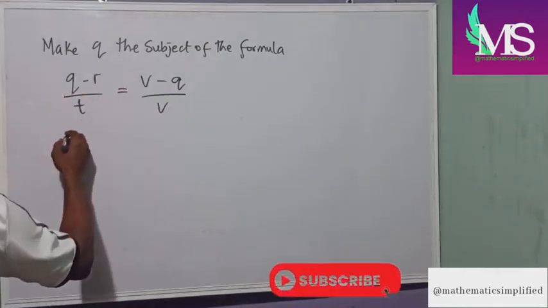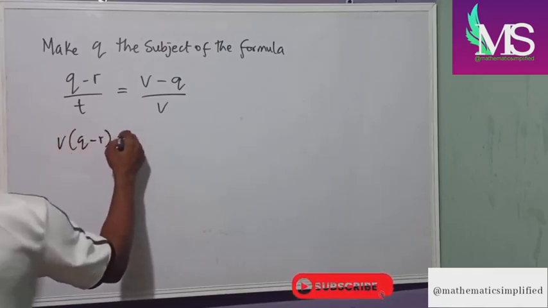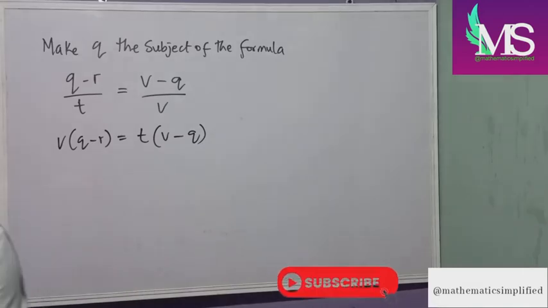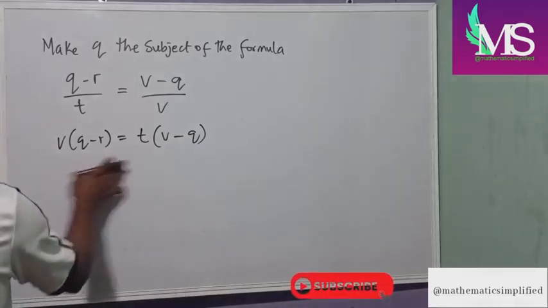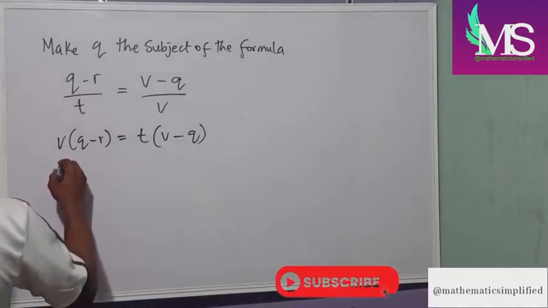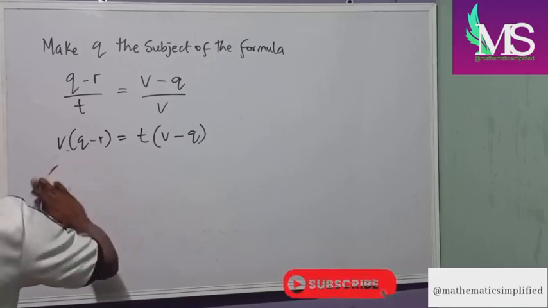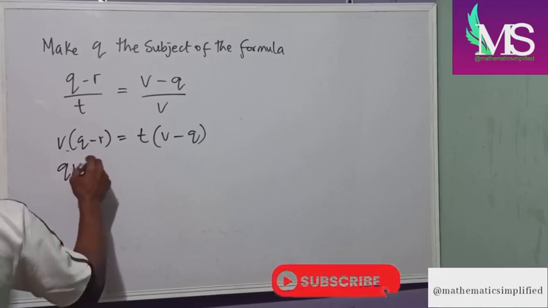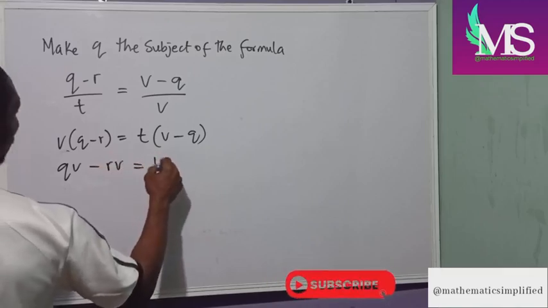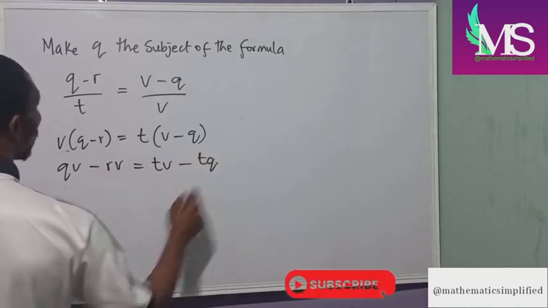When we cross multiply, this becomes V bracket Q minus R equals T bracket V minus Q. Now from here, we'll expand, open up each of these brackets. When we open up each of these brackets, we have QV minus RV equals TV minus TQ.